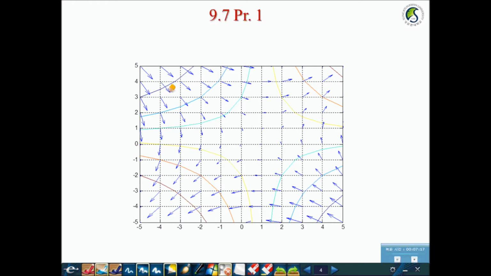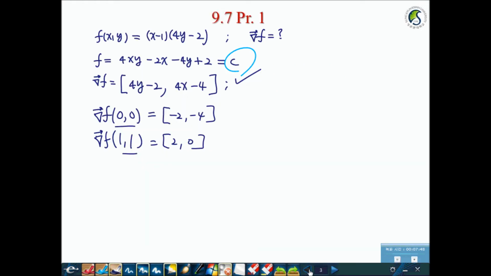So C is getting bigger. Okay, so from the center to the outer side, the C is bigger. Okay, top view, X and Y. Okay, and you calculate all the values like this, right?